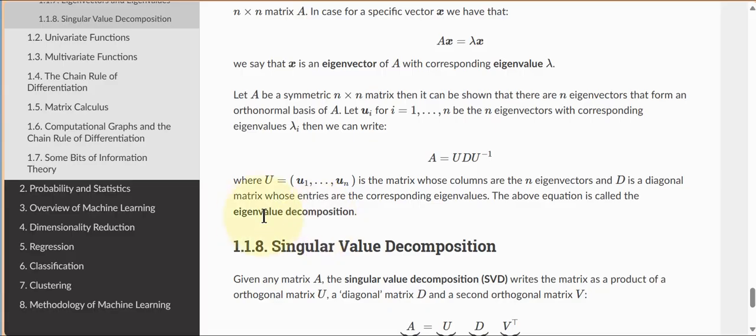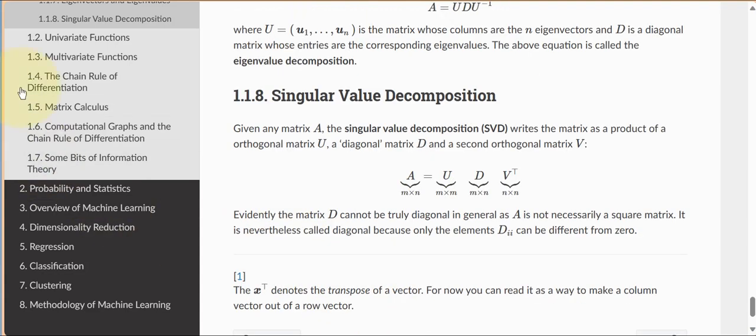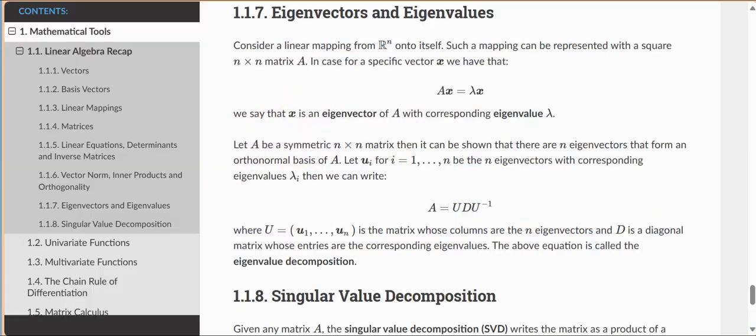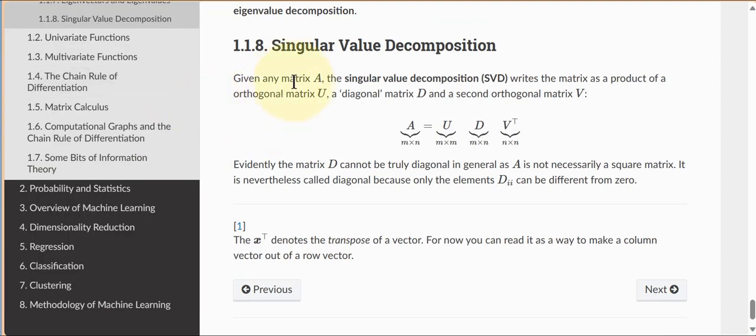Okay, there's another way to factor matrix A. This one is more general in the sense that it doesn't require A to be symmetric or even square. Remember, with the previous type, we insisted that A has to be symmetric. But this one says, given any matrix A, we're going to be able to factor it into a couple of different matrices.